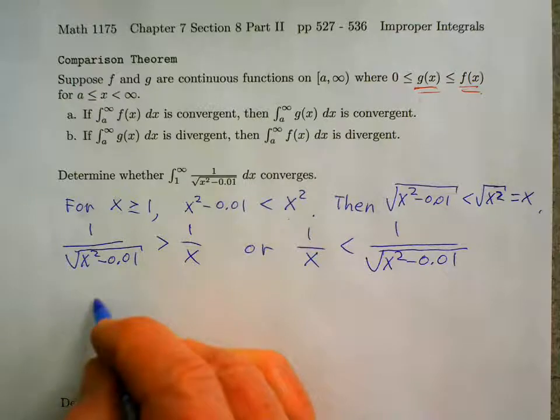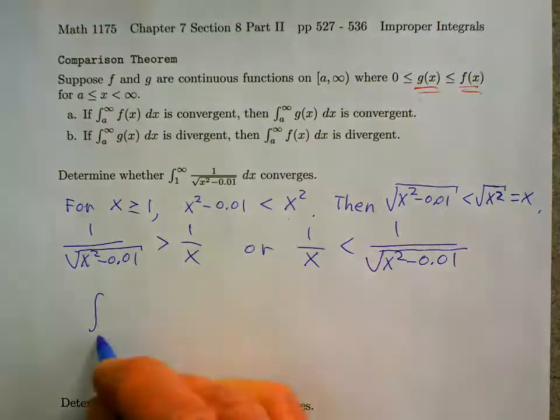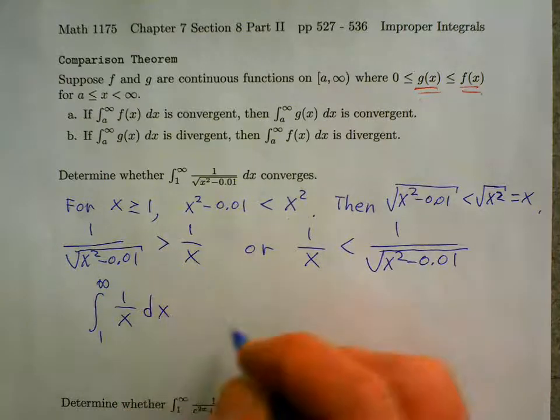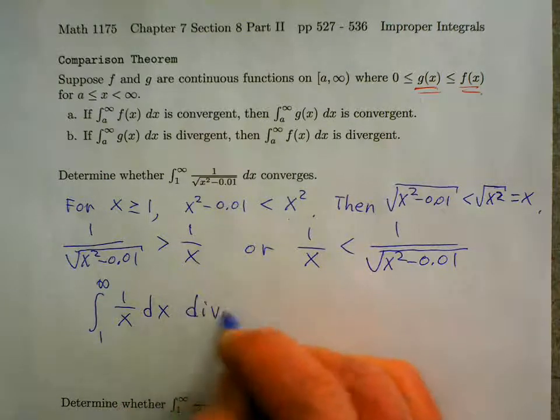And we know that the improper integral of 1 over x diverges.